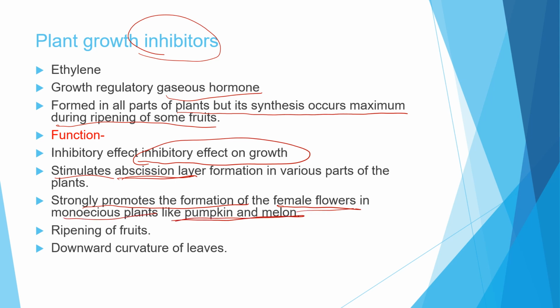It also helps in the ripening of fruits, and causes the downward curvature of leaves, also known as epinasty, which we will discuss when we read about movements in plants. This is the function of ethylene.